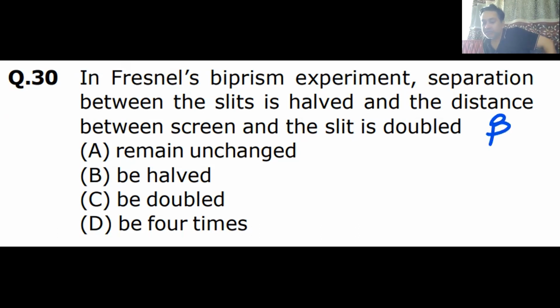It will remain unchanged, it will be half, it will be double, it will be 4 times. The distance between the screen and slit is doubled, and the distance between the slits is halved, so it will become 4 times. Do we understand this? Yes or no? Well done. Good going.